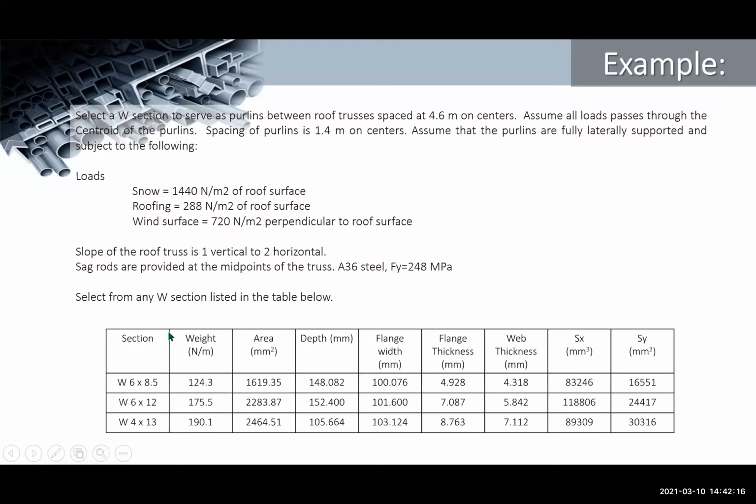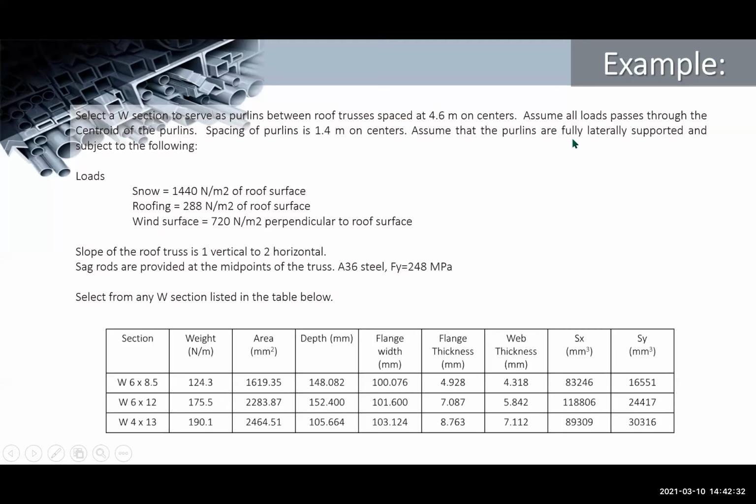Select a W section to serve as a purlin between roof trusses spaced at 4.6 meters on centers. Assume all loads pass through the centroid of the purlins. Spacing of purlins is 1.4 meters on centers.